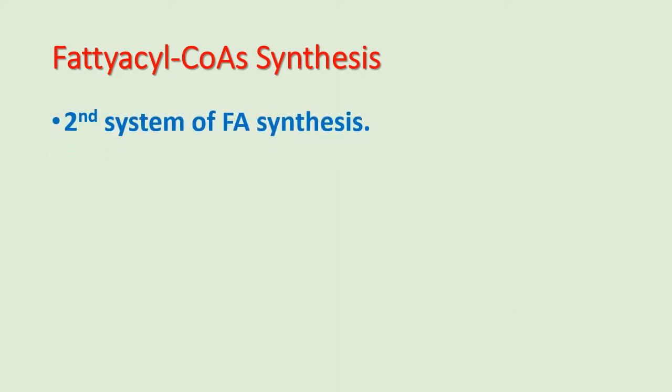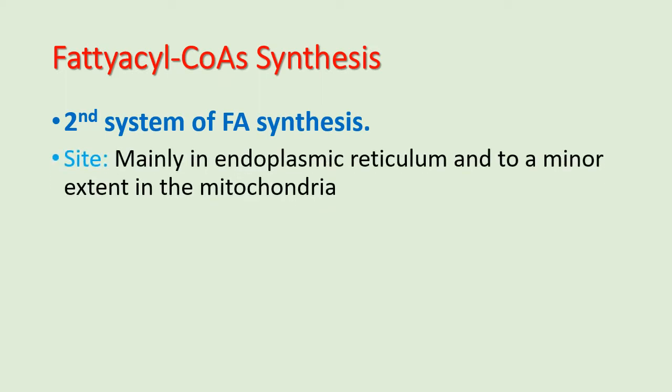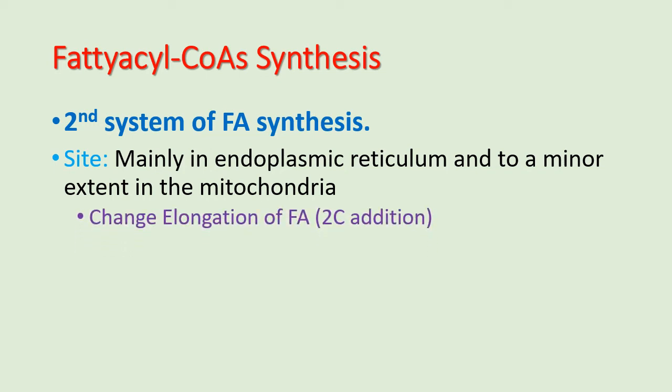Then there is the second system of fatty acid synthesis. It occurs mainly in the endoplasmic reticulum, but to a minor extent it occurs in the mitochondria. This system involves the elongation of the fatty acid chain by the addition of 2 carbon atoms. So a 12 carbon fatty acid is converted into 14, then into 16, and then into 18.